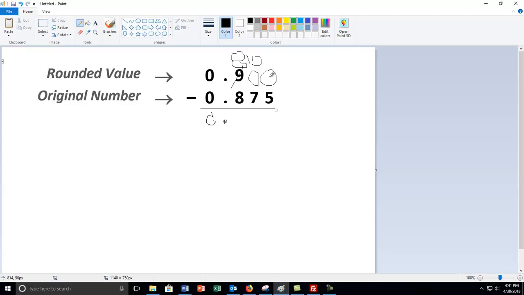But remember, we're owed over here, which means that's going to become a 9, which means this one becomes a 10. So you got 10 minus 5 is 5. 9 minus 7 is 2. Then 0. That's 25 thousandths, or 0.025.